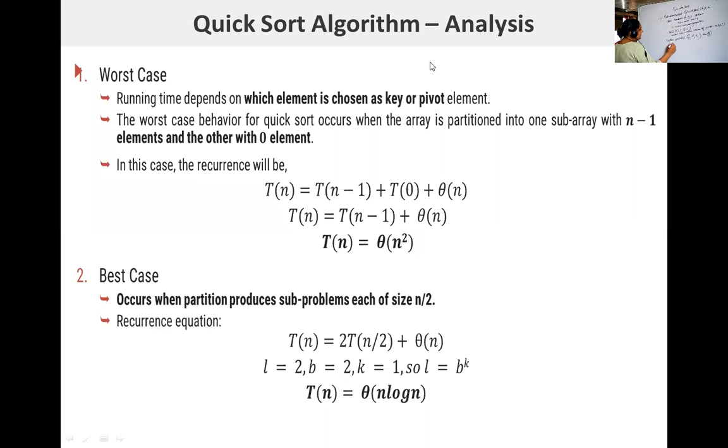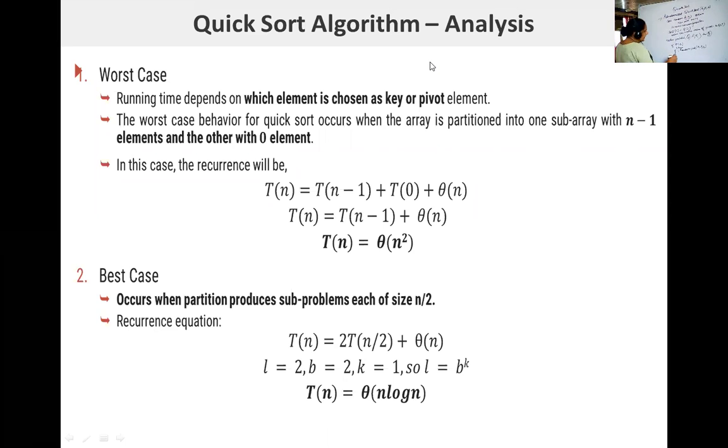If P is less than R, as we do for quicksort, then first of all Q is equal to randomized quicksort(A, P, R). So this will give you the value of the pivot element after adjusting it into the array.